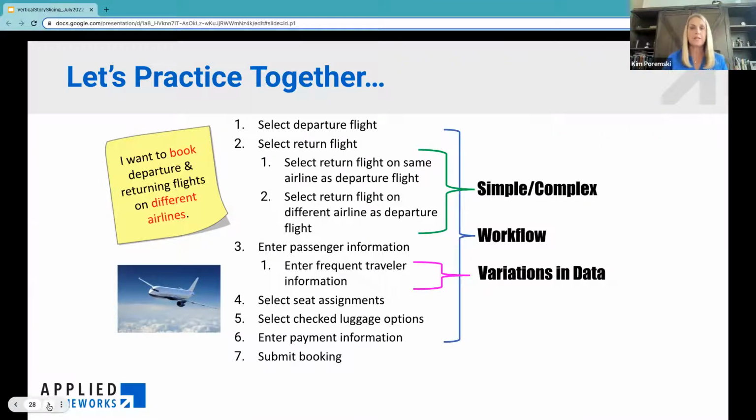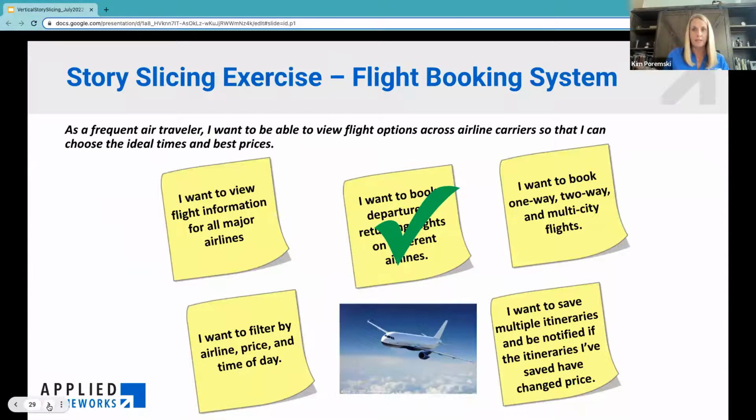So variations in data, depending upon the customer that is flying. That's a way that you can layer these different patterns in to continually break things down. And that might be enough. I could probably continue to decompose this set of stories further, but maybe that's enough for me, because what I have right now will fit into my sprint.